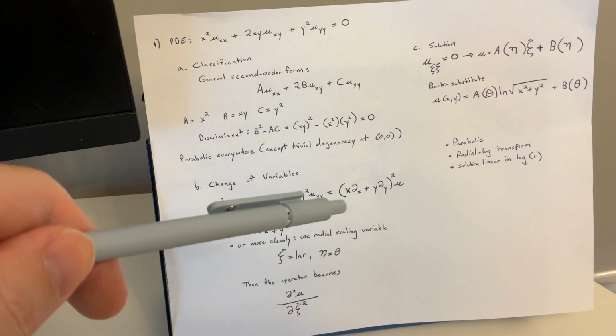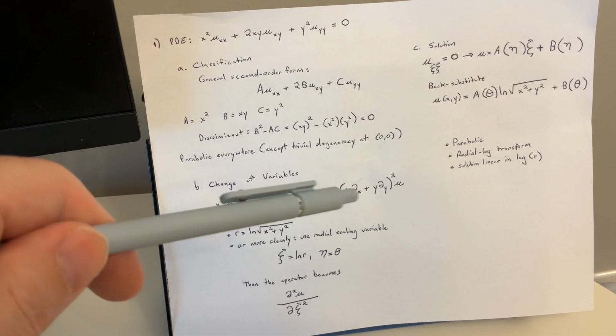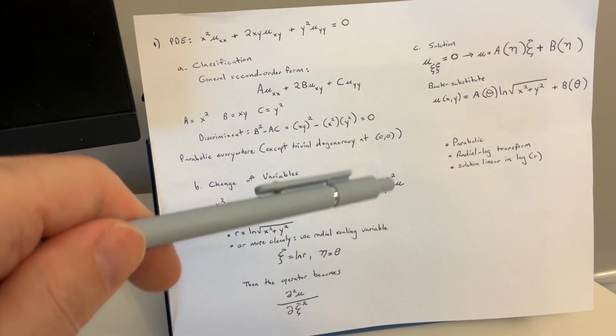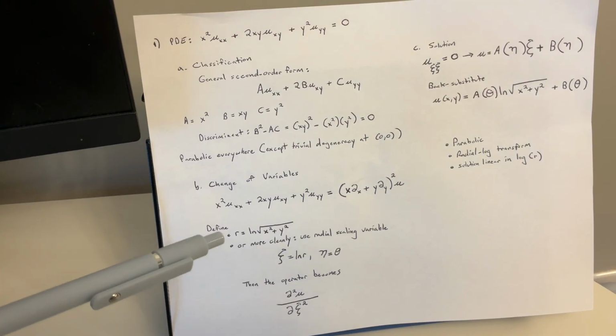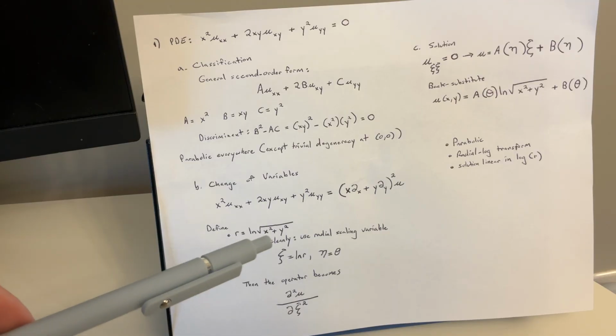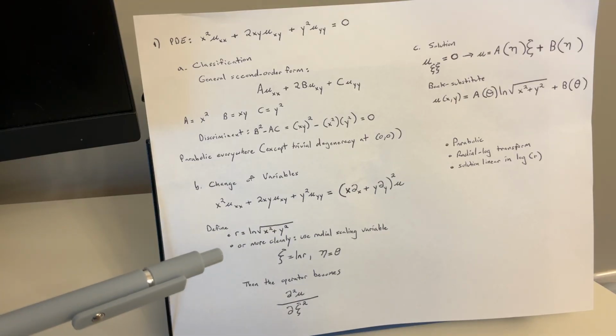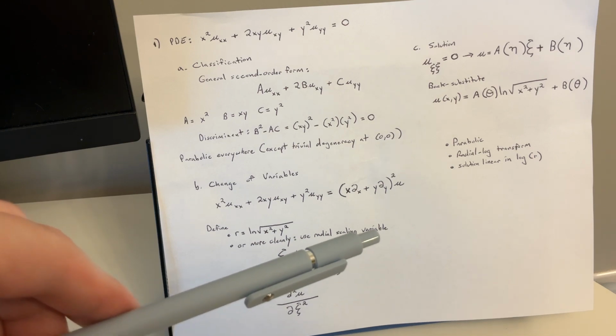What we could do here, this original equation becomes (x ∂/∂x plus y ∂/∂y) squared u. Okay, so now what comes in handy here is we're going to define r as the square root of x squared plus y squared, or more cleanly, we're going to use a radial scaling variable.